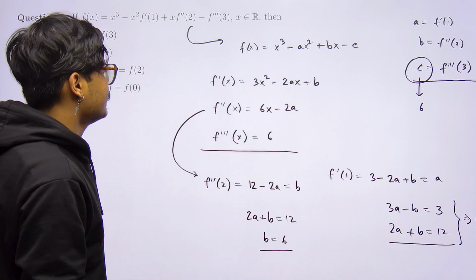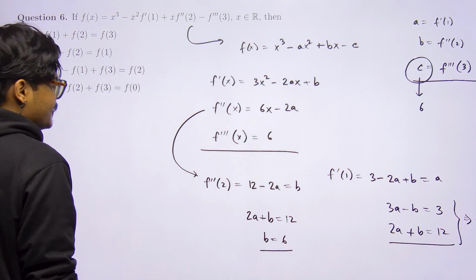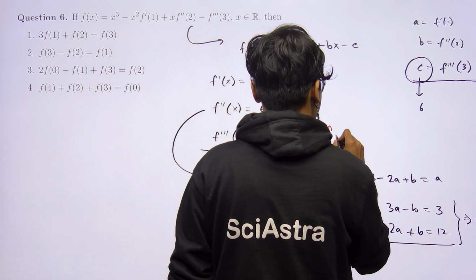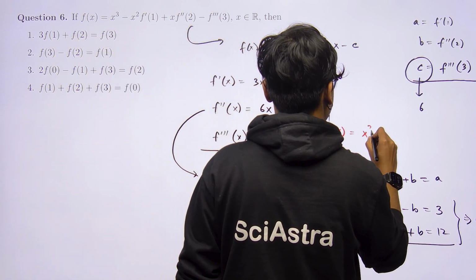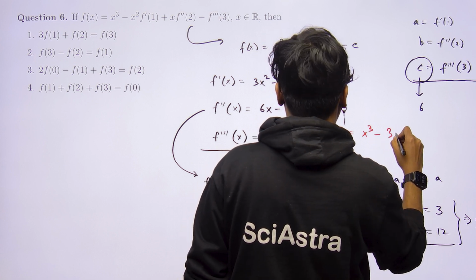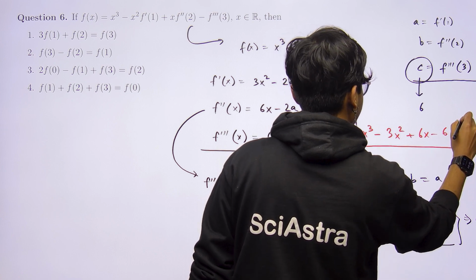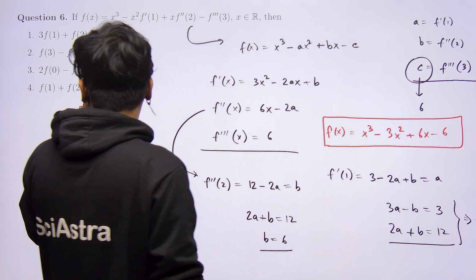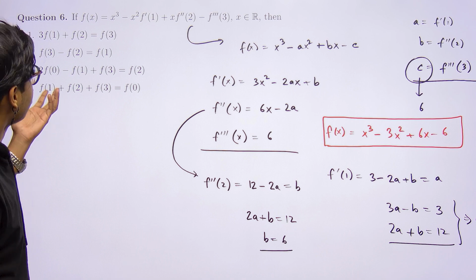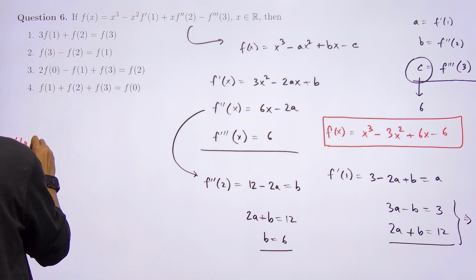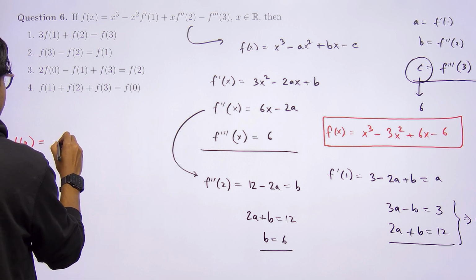So essentially your function f(x) just turns out to be x cubed minus 3x squared plus 6x minus 6, right? Now once you get this, you can find the values at 1, 2, 3 and 0, all four of them, right? So f(0) is basically the constant, which is minus 6.